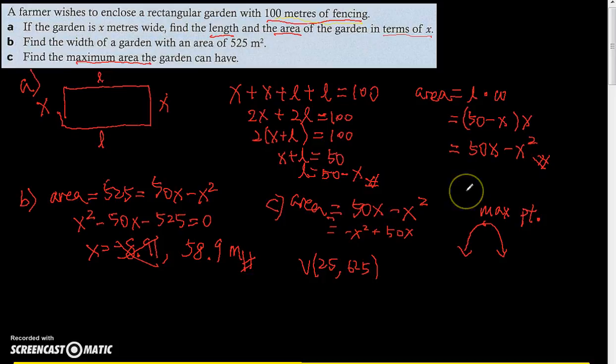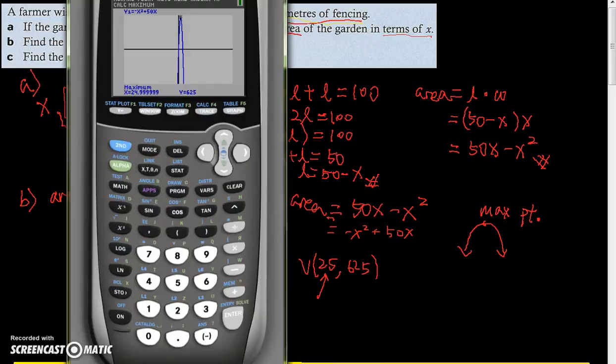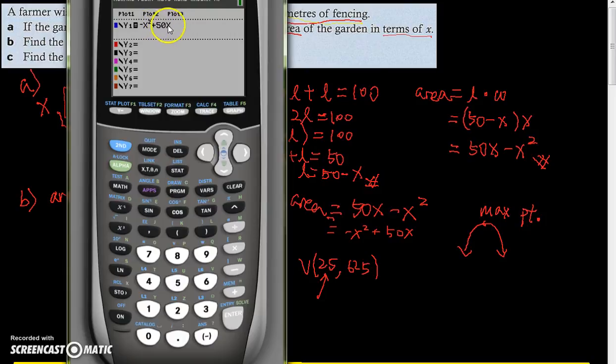Okay, so we need to know what the values here mean. So what does that mean? I hope you guys know what that is. What does my x-axis represent? My x-axis represents the width, right? What about my y-axis? My y-axis represents the area, correct? Because that's the equation that we have here. My x represents the width, and my y represents the area.